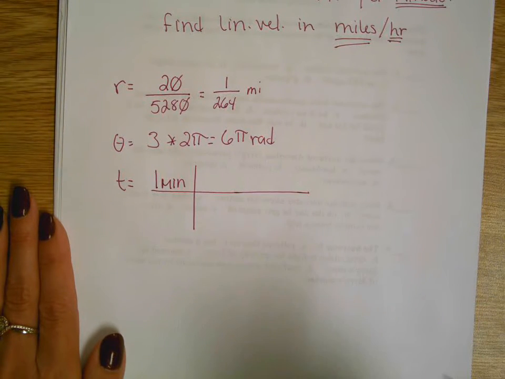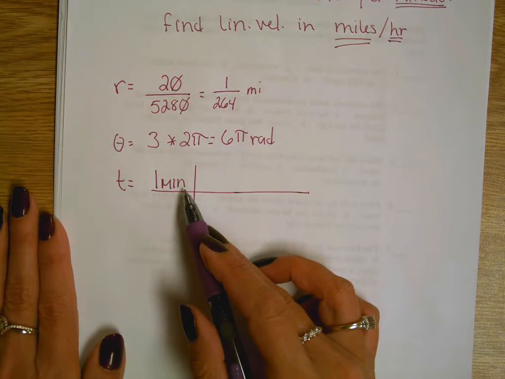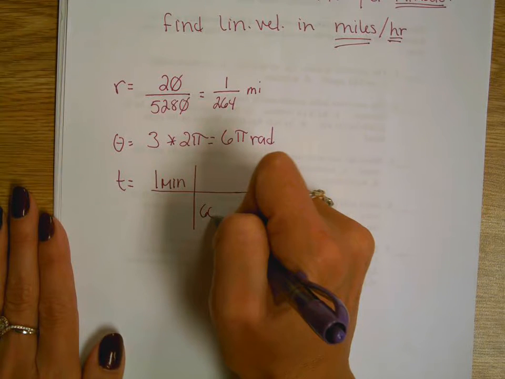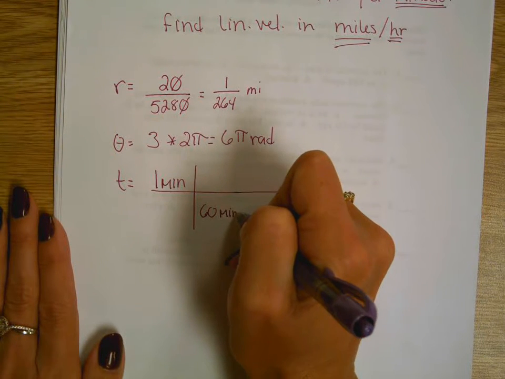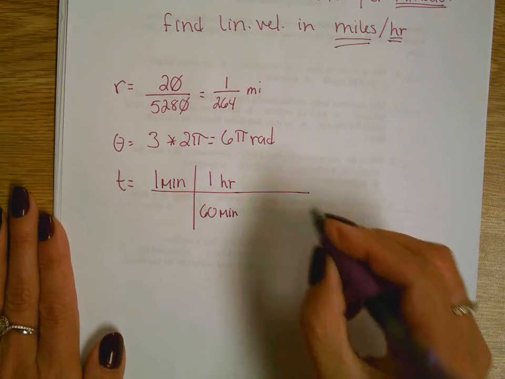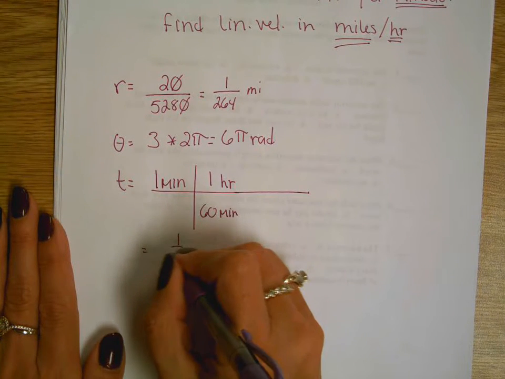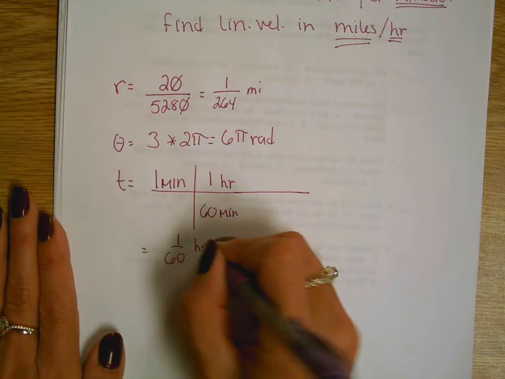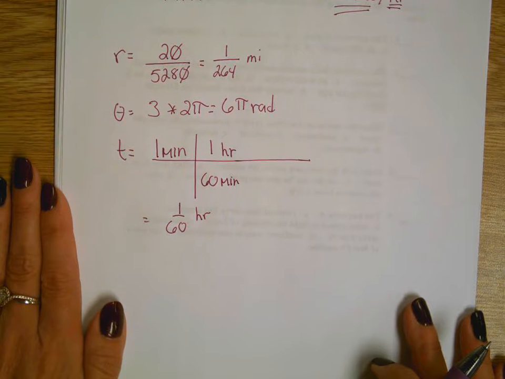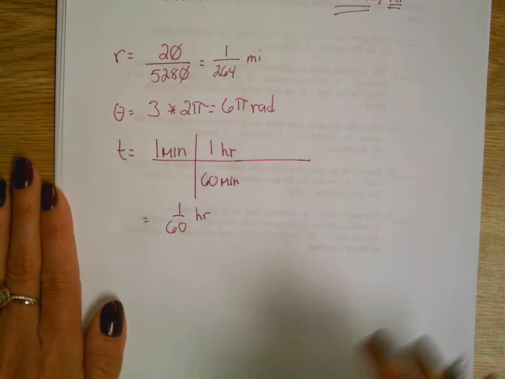How many, 60 minutes in an hour? So, 60 minutes, 1 hour. So it's going to be 1/60th of an hour. Okay, everything had to get fixed there.